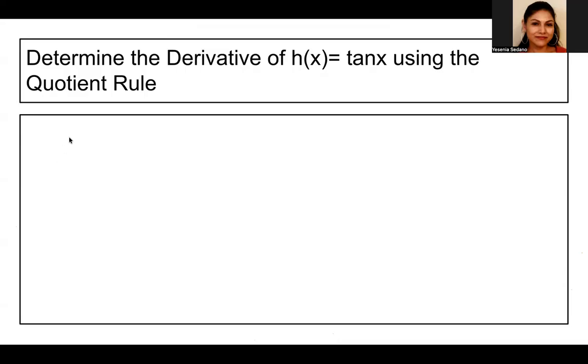So, first off, apologies for my terrible handwriting as usual. So I'm just going to write down this function. My goal is to get the derivative of tangent of x. But before that, I'm going to rewrite the tangent function as its definition, which is sine over cosine.